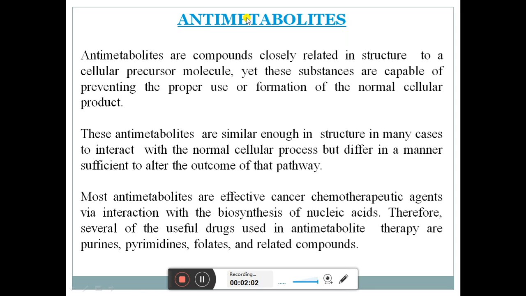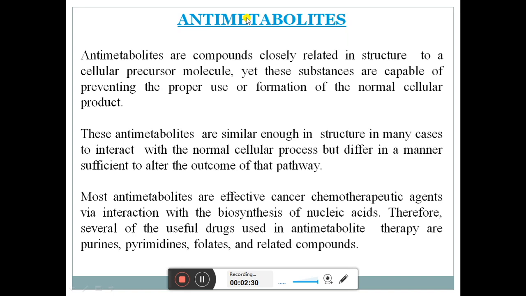Synthesis of DNA and RNA does not take place, further protein synthesis is also inhibited, and the cell division will not take place. So these drugs basically act at the S phase if we consider the cell life cycle.